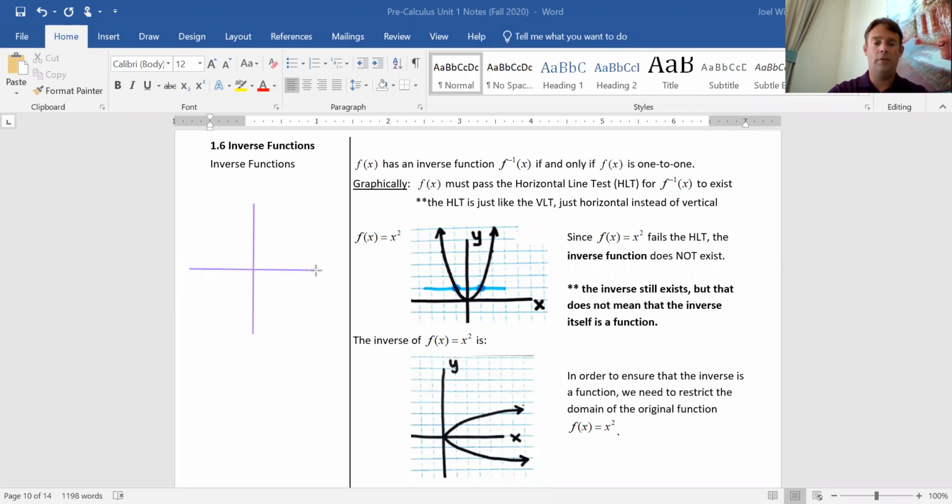We said back in Integrated 2 and 3 that an inverse function is any function that is reflected over the line y equals x. That's my dashed line there. Not very good, I get that, but it's going to have to do. All right, so this is the line y equals x.